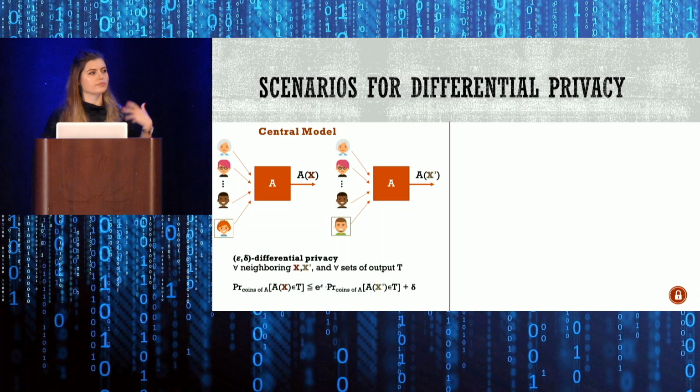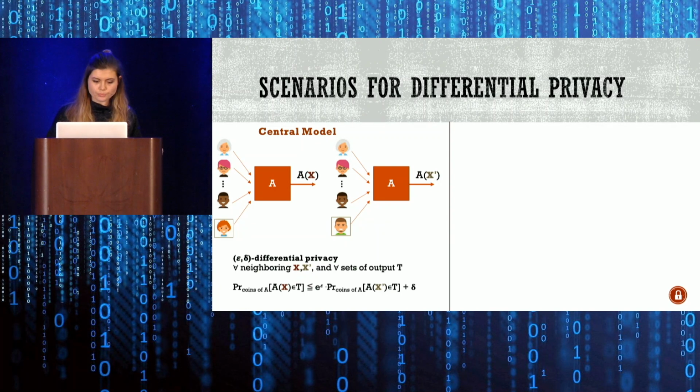And differential privacy develops mechanisms that capture this intuitive notion by saying that the output of this aggregator function on neighboring databases that differ only on a single record will be close. And this closeness is parameterized by a parameter epsilon that will be used to trade off between privacy and utility in these mechanisms.